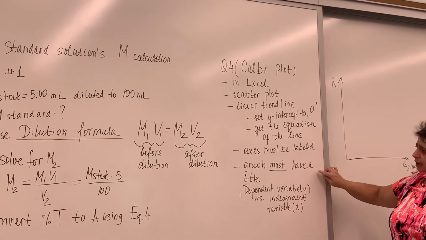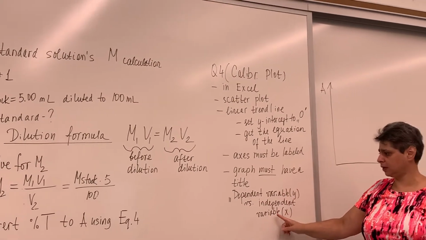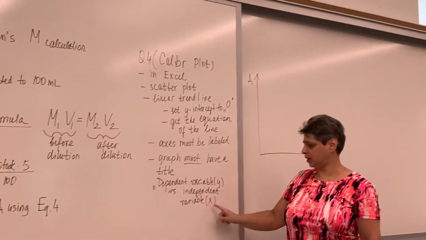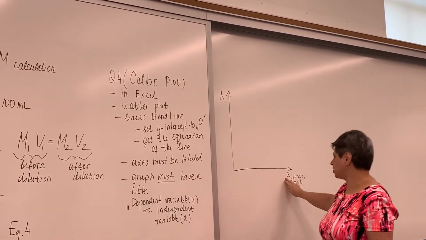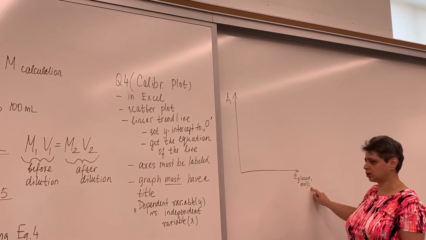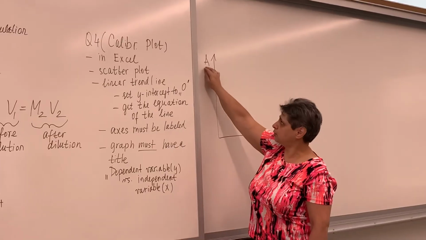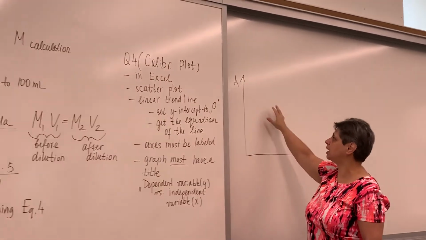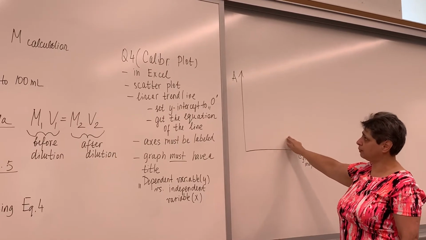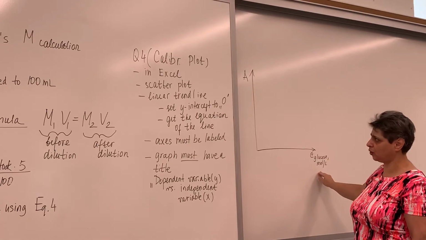Typically in science, we label graphs as dependent variable versus independent variable, so whatever is on Y versus whatever is on X. In our case, absorbance is going to be on Y, and concentration of glucose in moles per liter is going to be on X. So make sure to label the axes properly. Remember, absorbance is unitless. And for this particular graph, the appropriate title would be absorbance versus concentration of glucose.